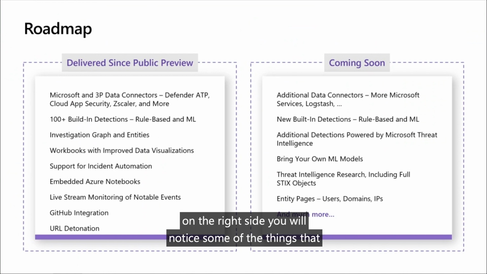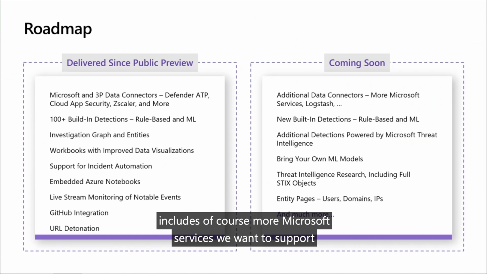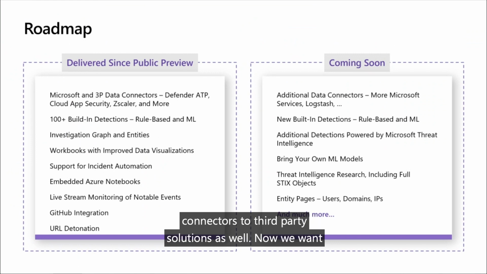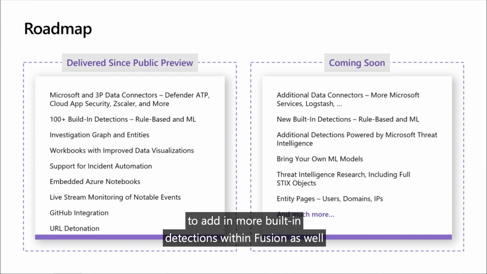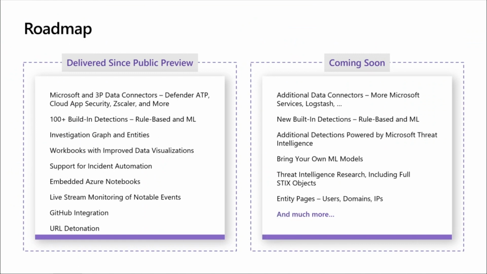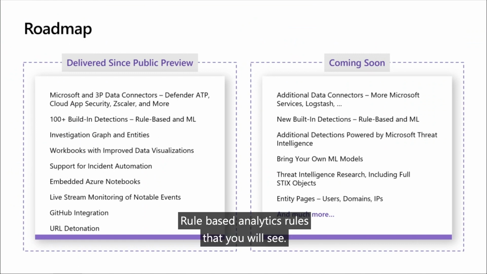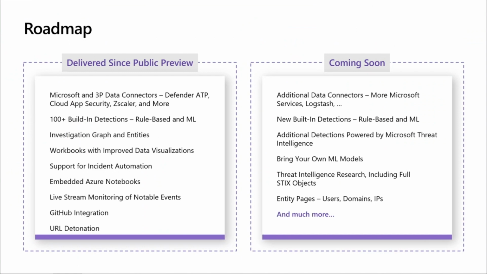So especially on the right side, you will notice some of the things that are coming soon, definitely additional data connectors. This includes, of course, more Microsoft services. We want to support Logstash as well. And there will be many, many other data connectors to third-party solutions as well. Now we want to add in more built-in detections within Fusion, as well as the other rule-based analytics rules that you will see.